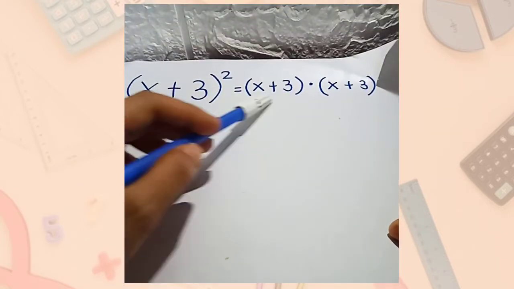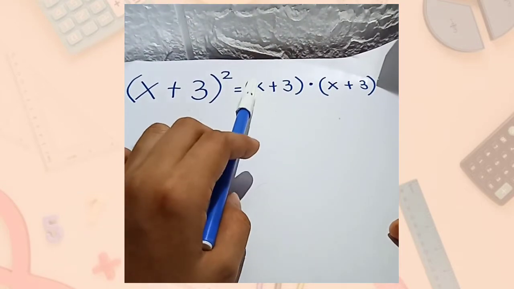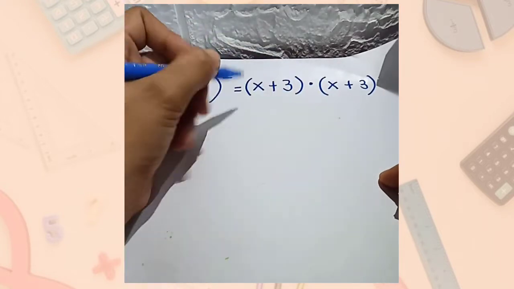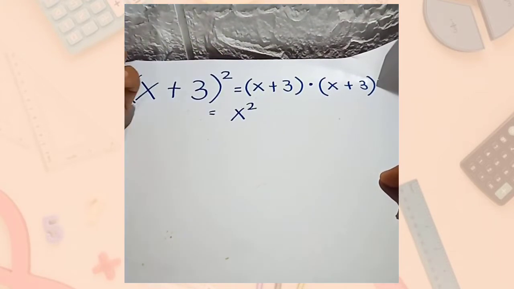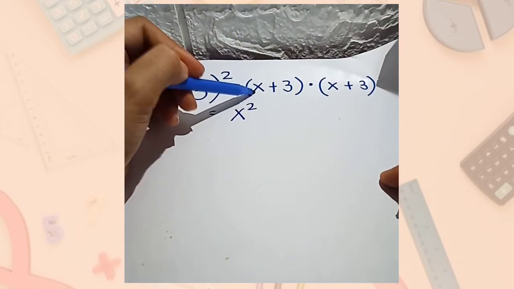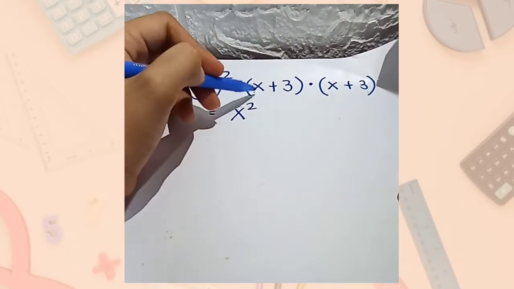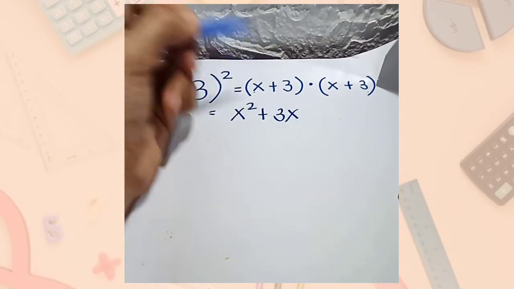Kalimitan, kapag nagmumultiply ng dalawang polynomials ay ganito ang ginagawa. Multiplying the first term by first term. So, x times x is equal to x squared. Then, the first term by the second term of the other quantity, magiging x times 3 ay positive 3x.